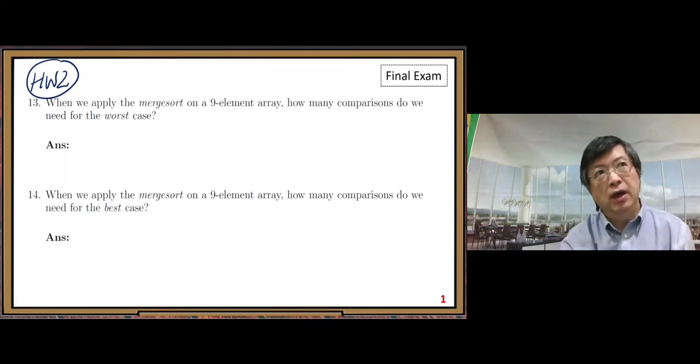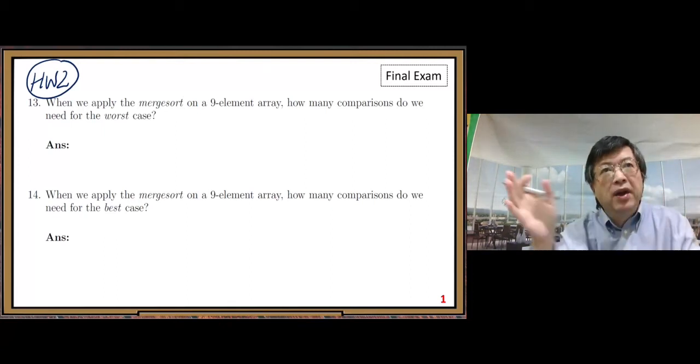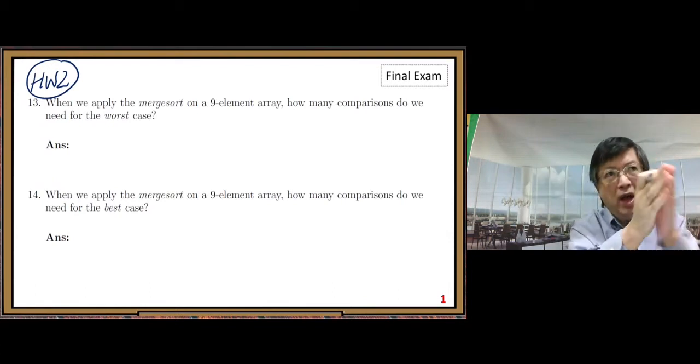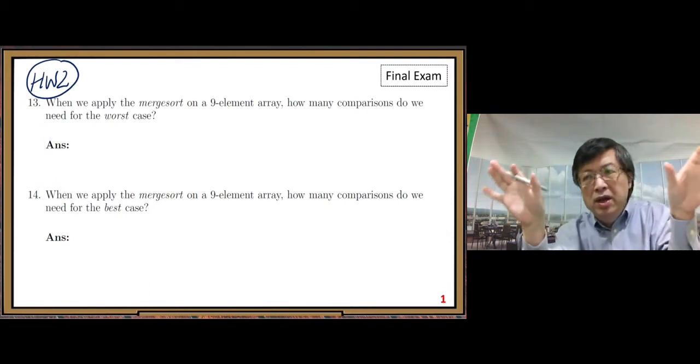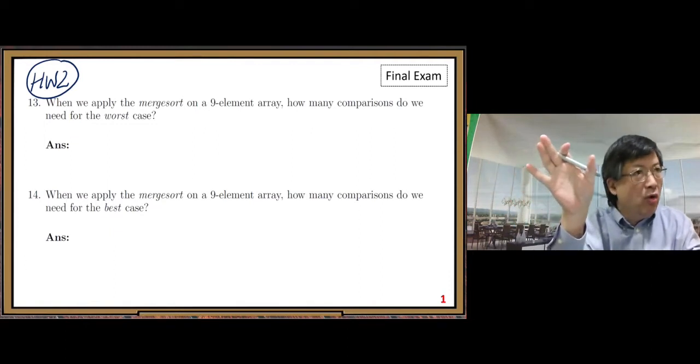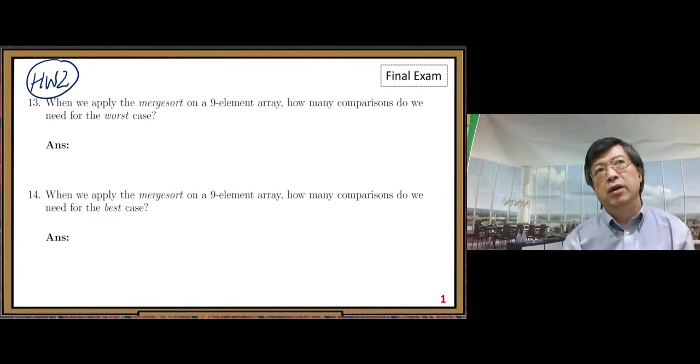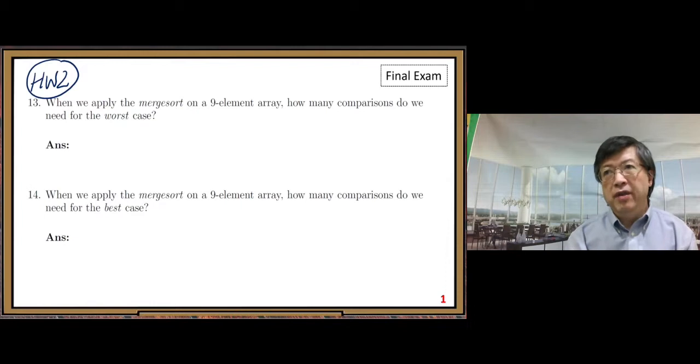That's not right. Remember, we do divide and conquer. After we divide the array into many very small subarrays, we need to merge them. Not merge once, we need to merge many times. Many students didn't understand that part.